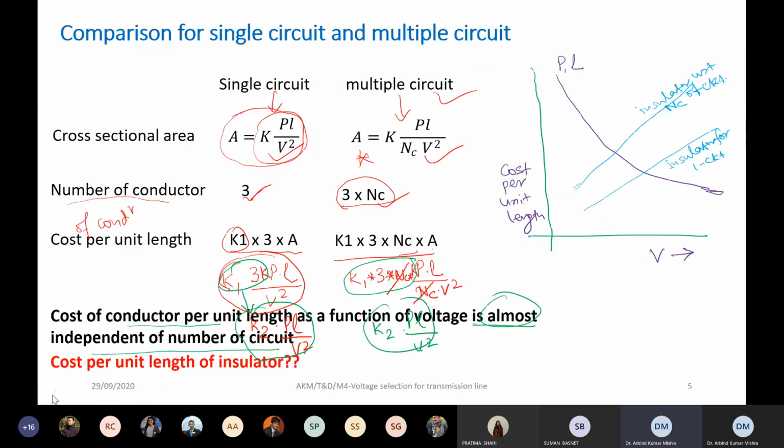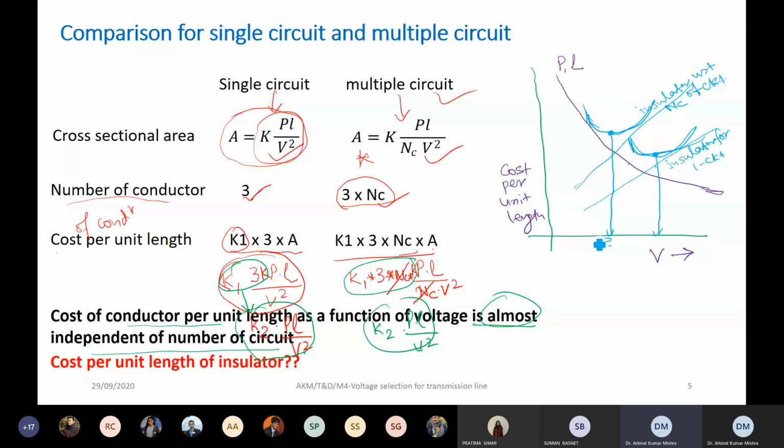Obviously, now you can find what the change in the economic voltage will be. Previously, for a single circuit, the total cost would have been this plus this, so it will look something like this. Now it will look something like this. So the economic voltage has been shifted. And what you are seeing is the effect of the number of circuits on the economical voltage.